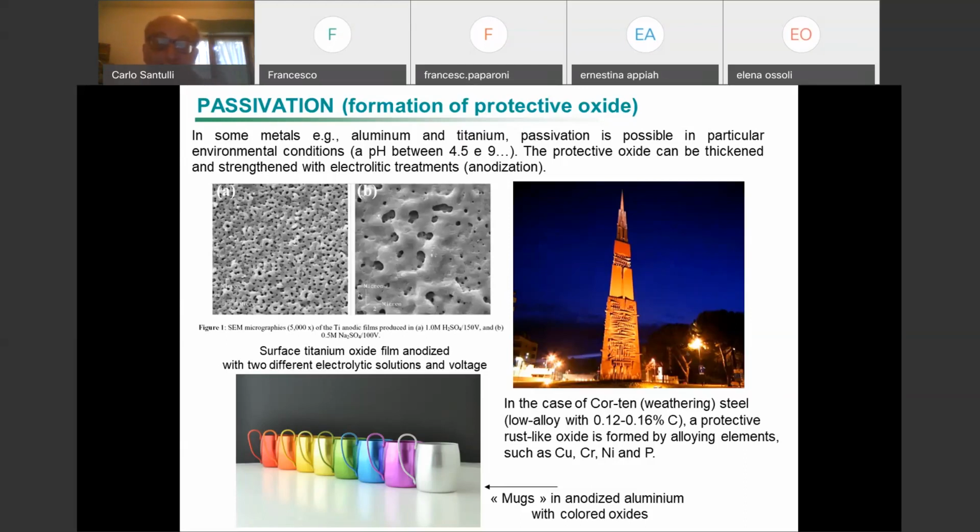There is also a steel product, for completeness, that has this sort of oxide, which is quite adherent, but not in the presence of water. It is the so-called Corten steel, which is very used. This is the obelisk in Terni, a triangular structure in Corten steel.